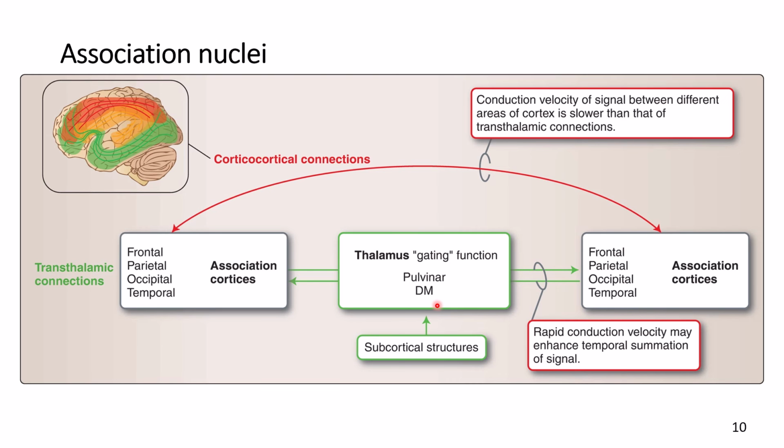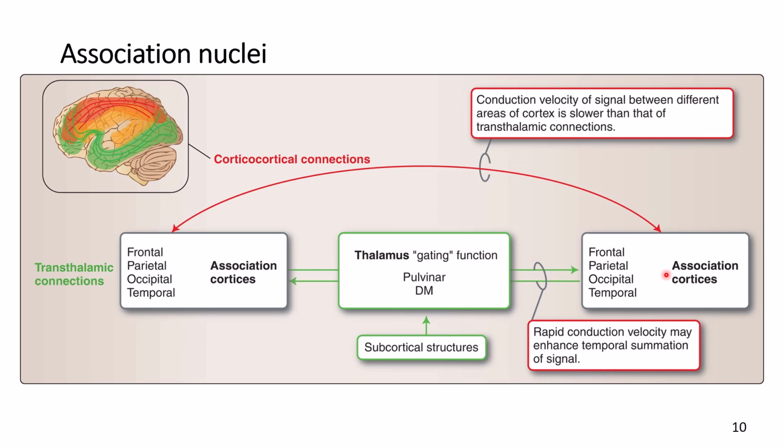These are the different stimuli received by the thalamus and the pulvinar and dorsomedial nuclei. And the thalamus is now connected with association cortices. You can see that the association cortex is there in all lobes.